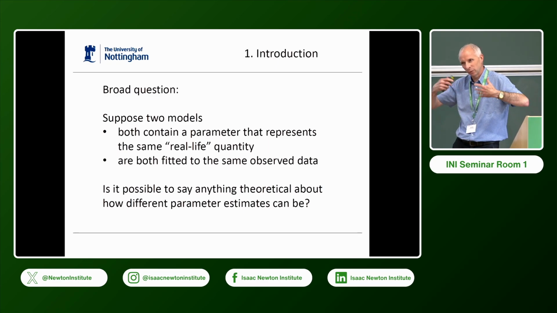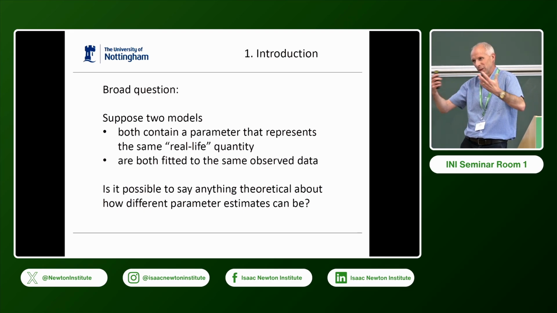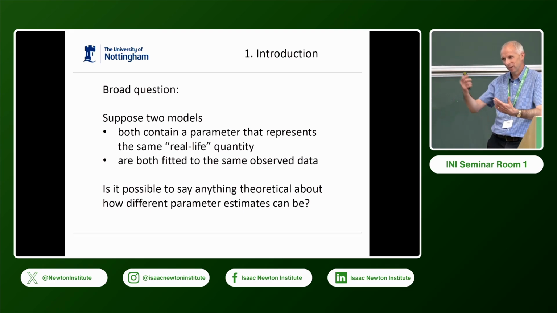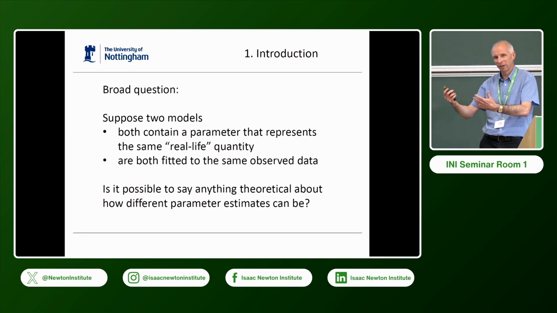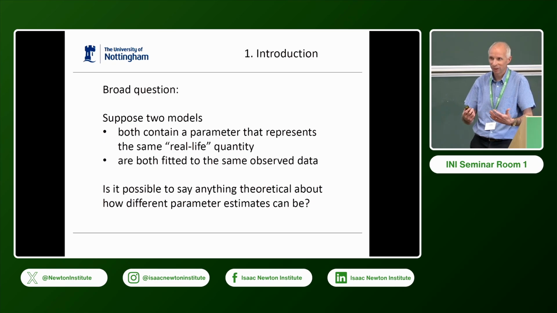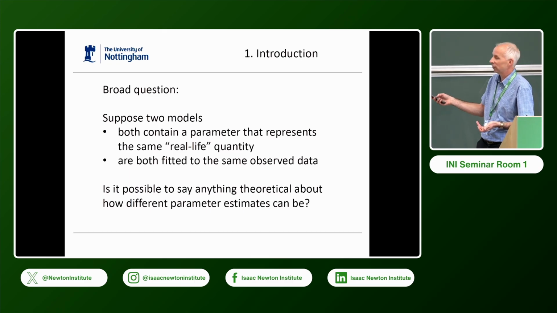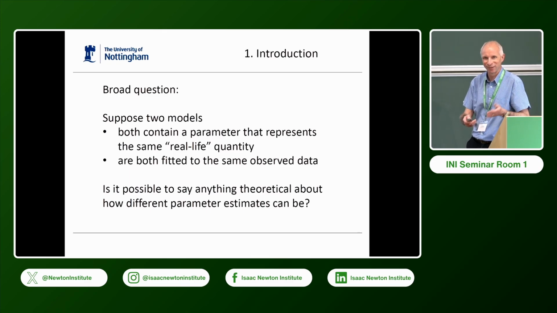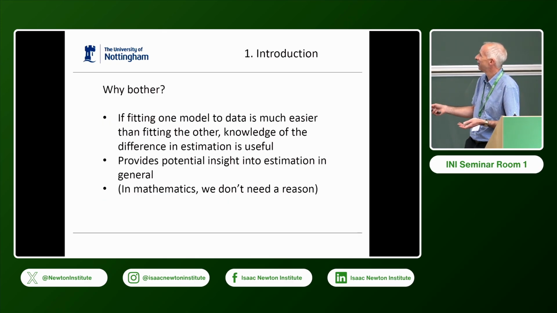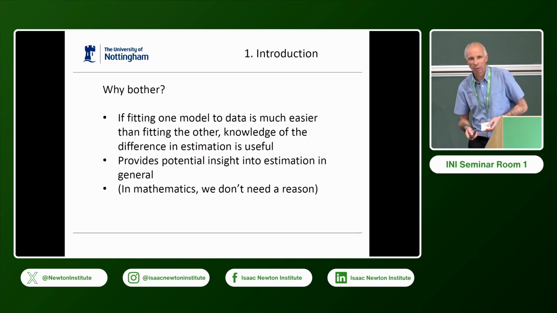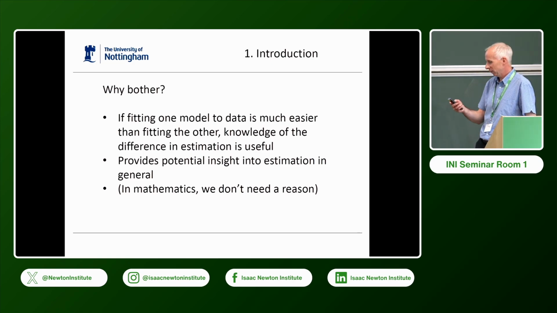So it's stepping back a bit and saying, okay, model comparison is one thing, how do two kinds of models behave? But this is to say, what if you're doing estimation based on those models, what's going to happen then? That's the broad picture. The answer to this is I don't really know, but I'm going to show you a few things as we go along. You might wonder why bother doing this, and there are three good reasons.